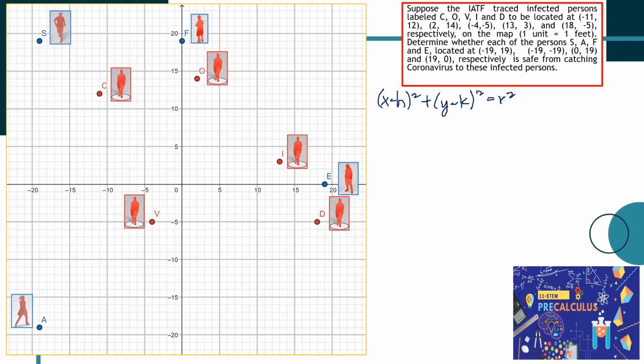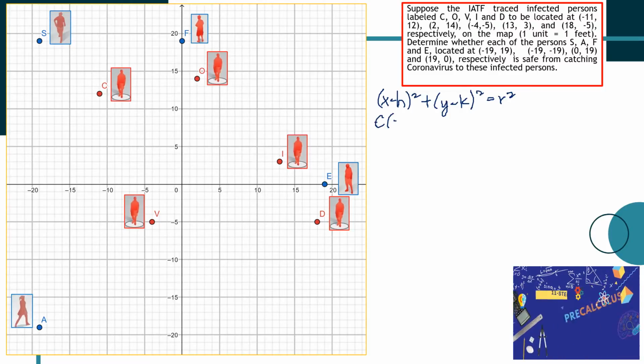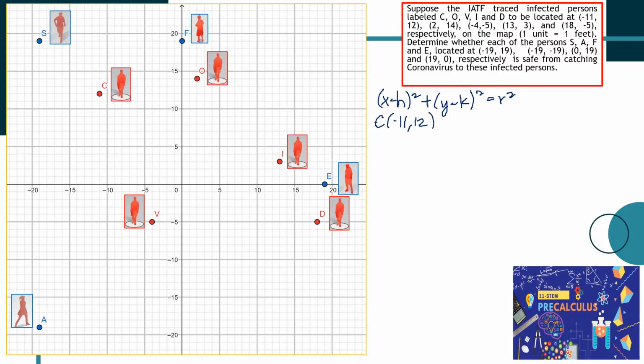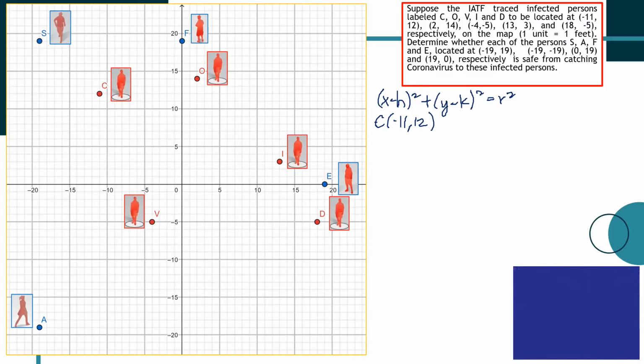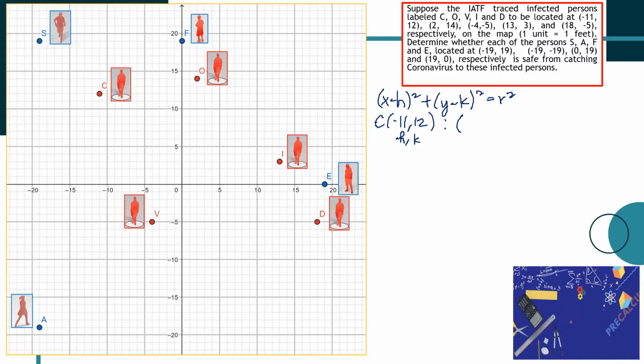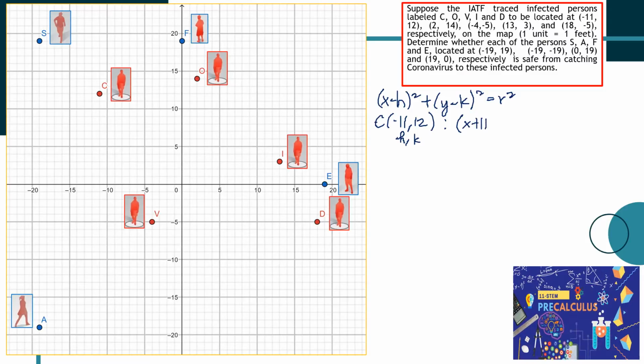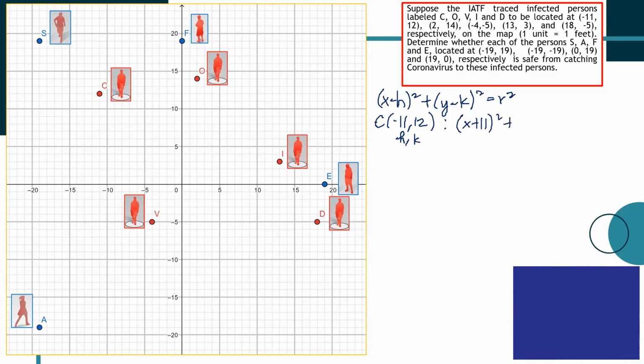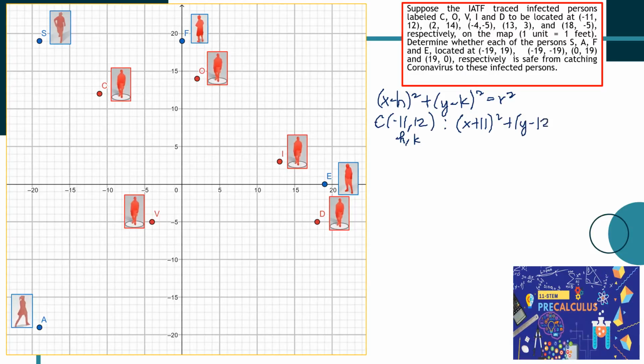First, for person C at (-11, 12), this is now the center of the corresponding circle. So these are the coordinates (h, k). Therefore, the equation is (x + 11)^2 + (y - 12)^2 equals r^2.